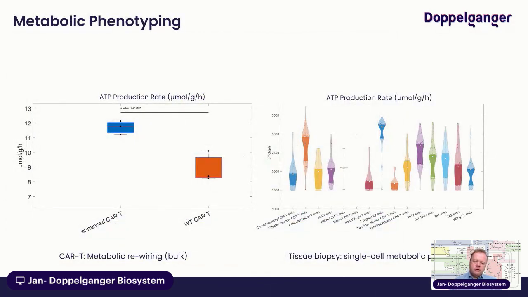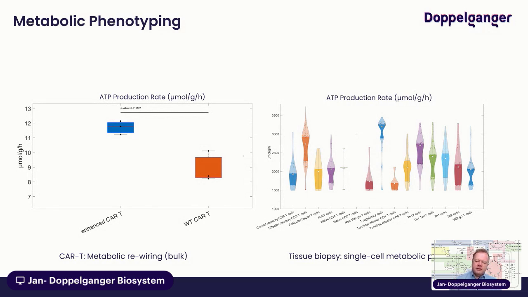So to give you a quick overview on the metabolic phenotyping features, here on the left side, we look at ATP production rates, and we look at CAR T cells that have been sorted from a PDX mouse model. On the right side in red, you see the wild type CAR T cell, and on the left side in blue, you see an enhanced CAR T construct, and both CAR Ts have been applied to a mouse model, and then the CAR T cells have been harvested from the PDX mouse model.